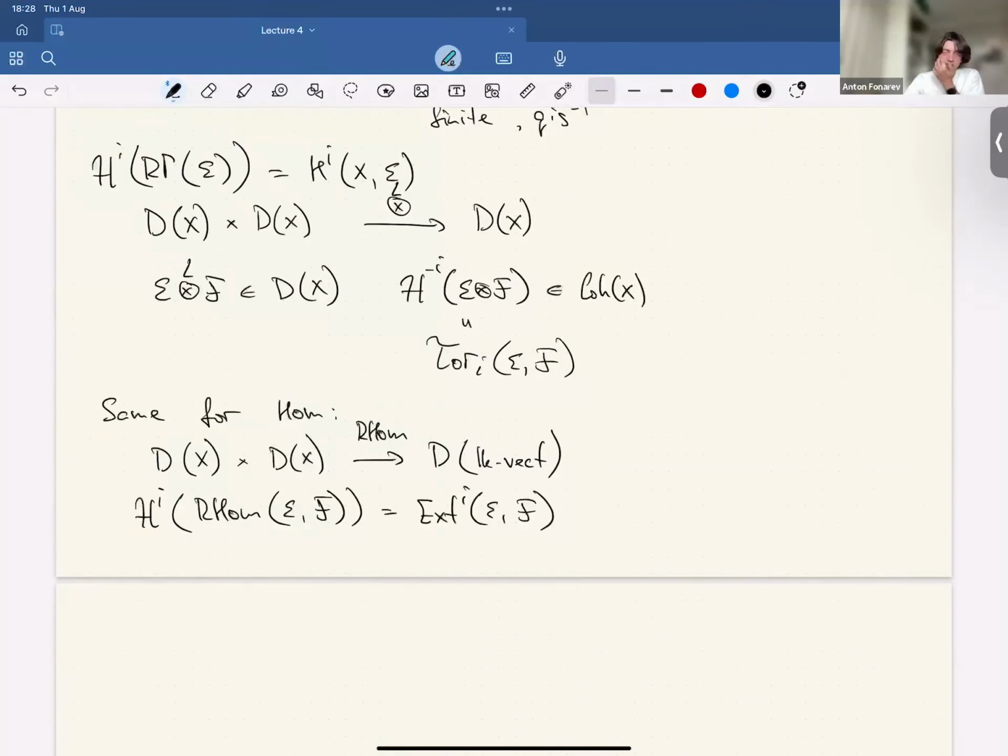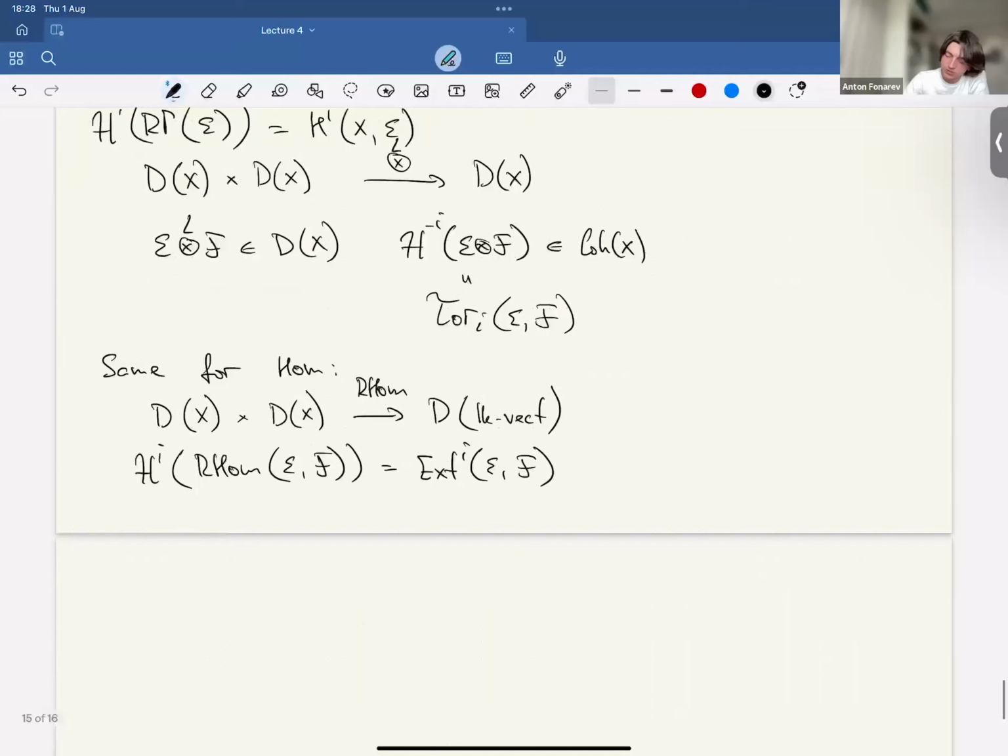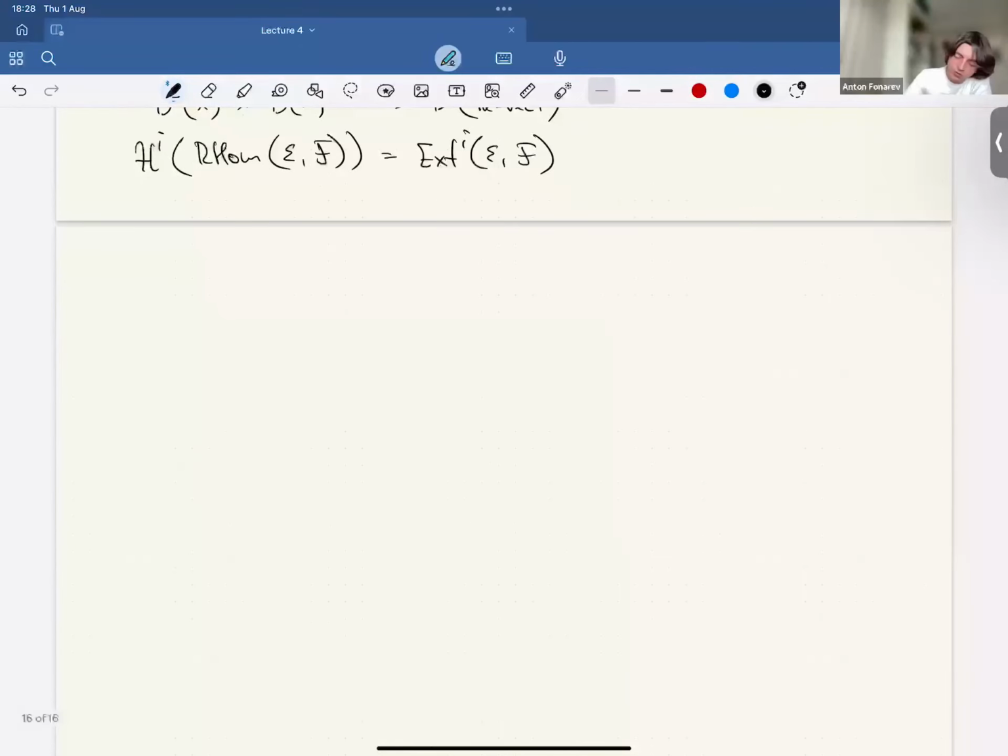So far we have tensor, Hom, global sections. You have more if you have a morphism of smooth projective varieties f from X to Y. Then there is a functor Rf_*, which goes from D(X) to D(Y).